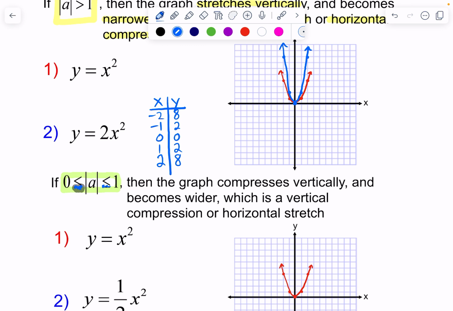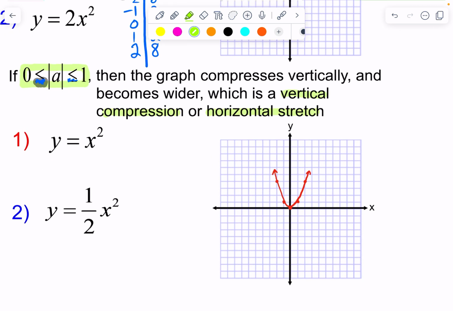If the absolute value of a is greater than 0 and less than 1, then the graph compresses vertically. That means it shrinks down and becomes wider. And this is known as a vertical compression or a horizontal stretch because it's compressing vertically, but it's stretching horizontally.